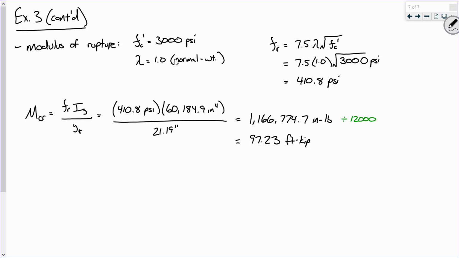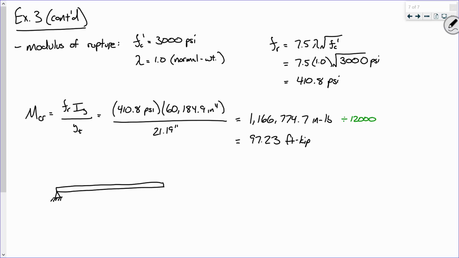Okay, now, let me ask you this. So the problem is saying if I have a simply supported beam, and the beam is 24 feet long, how much load can the beam carry before it cracks? So let's ask this. If I have a beam, and you all should definitely know how to answer this since you've all already finished the homework, right?